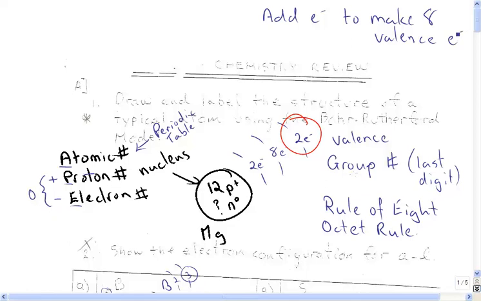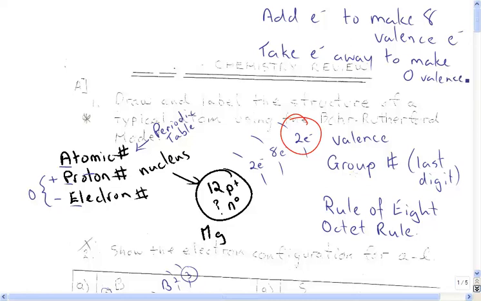And pardon my shorthand for electrons, the e minus, because of the negative charge on the electrons. We either add electrons to make 8 electrons, or we take away electrons to make 0 valence electrons in that outer shell.